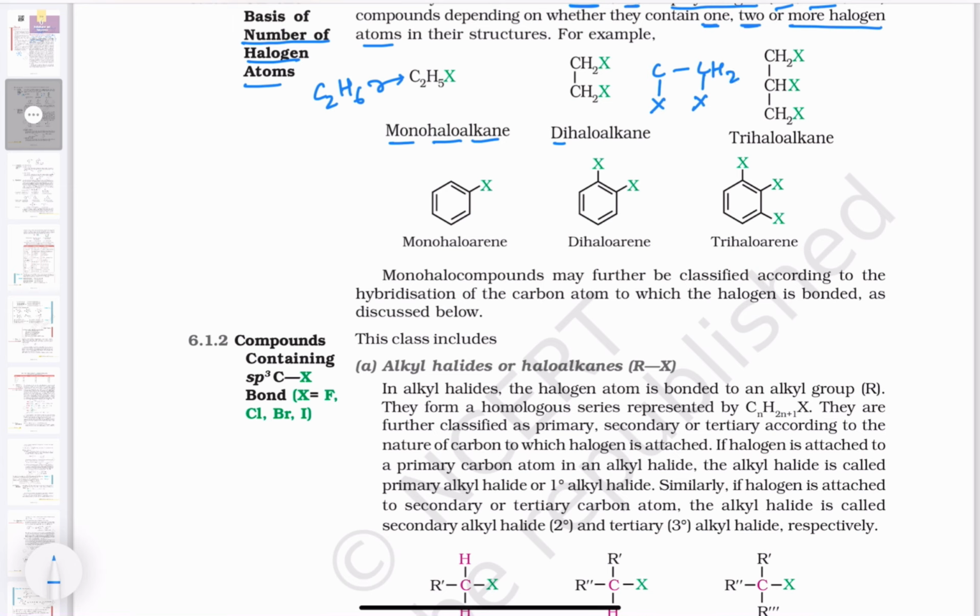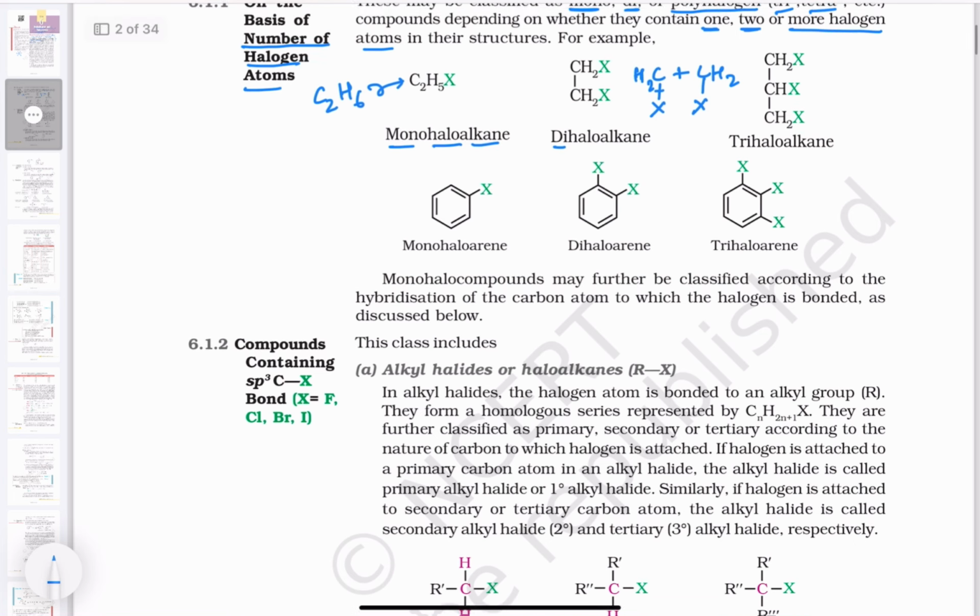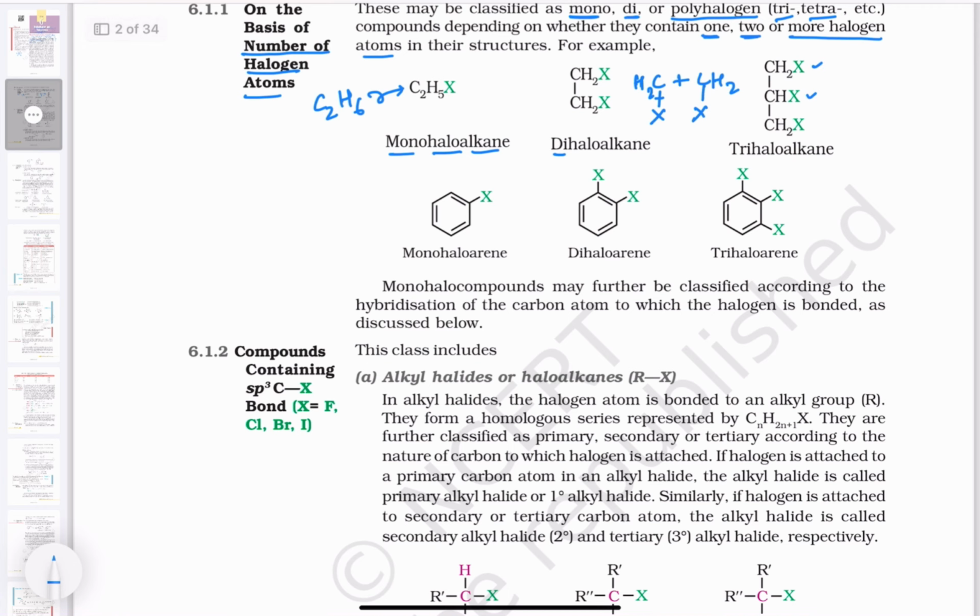Just make sure that the valency of the carbon atom is fully filled. Carbon has four valency, so one halogen and two hydrogens is added, so it will be four, so it is correct, right? So it will be dihaloalkane. Similarly, it can be trihaloalkane when there are three halogen atoms.